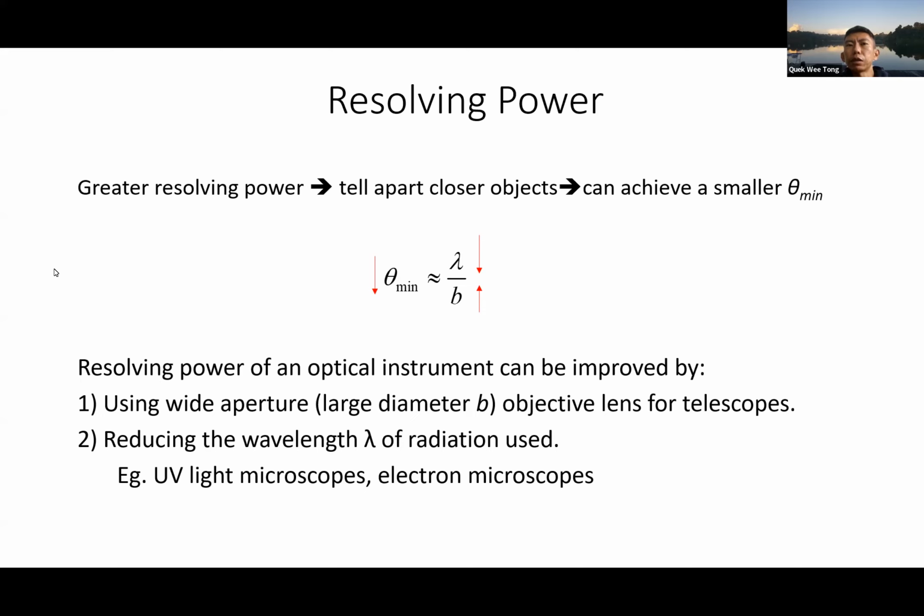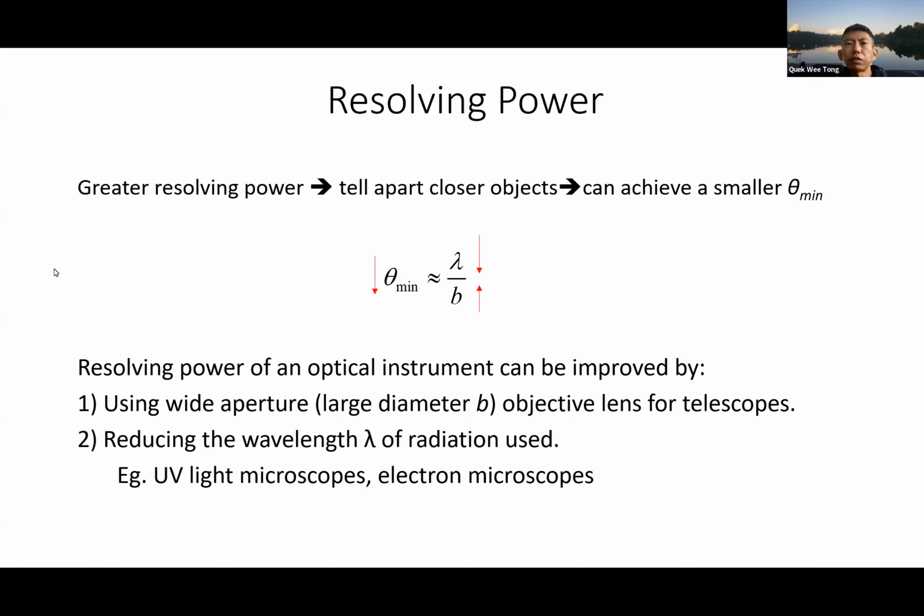If you want theta to be much smaller, to observe really small stuff, then perhaps light will not be a very good choice. You need something that has a wavelength smaller than visible light.